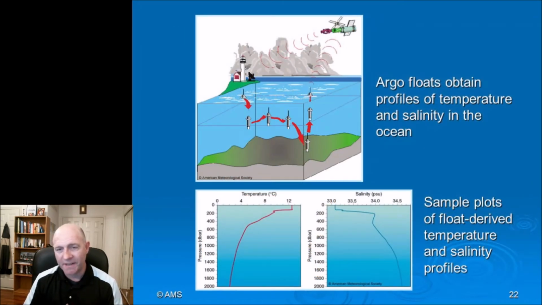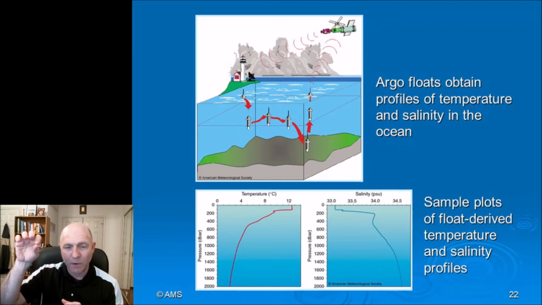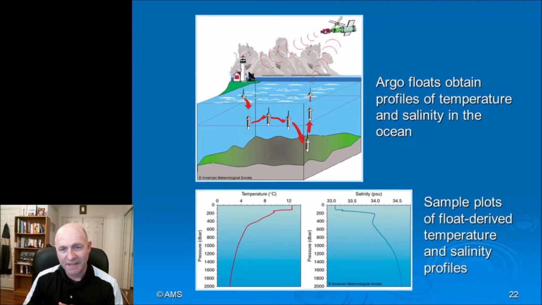One of the newer technologies that's come around in the past 15 or 20 years are called Argo floats, and they do float, but they are able to dive remotely to a certain depth into the ocean, take their readings, and then come back up. There's hundreds of these, mostly in the Pacific Ocean, because the Pacific is so vast.